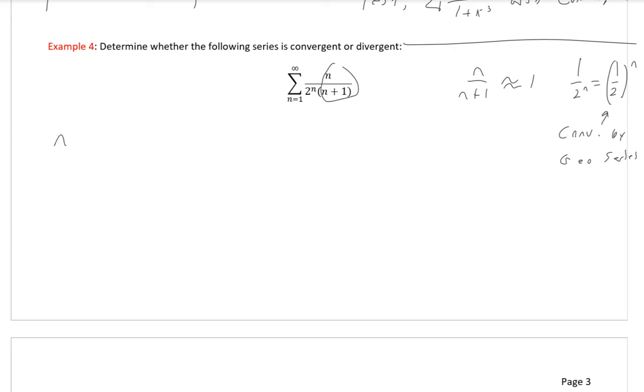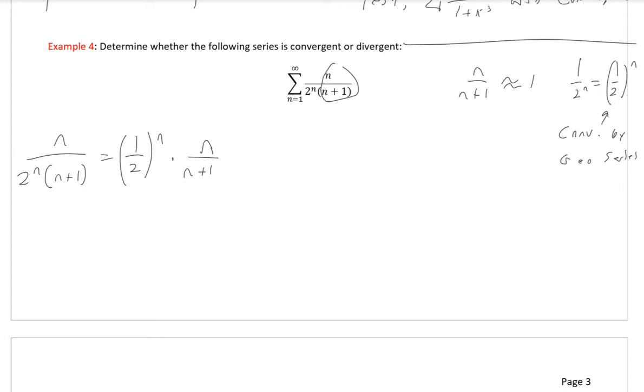So I'm going to take n over 2 to the n times n plus 1 and try to show that this converges. First, I'll take out that 1 over 2 to the n power times n over n plus 1. I haven't changed anything, so I keep equality here.